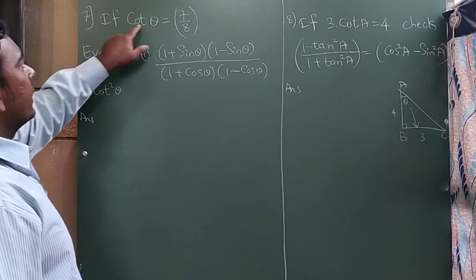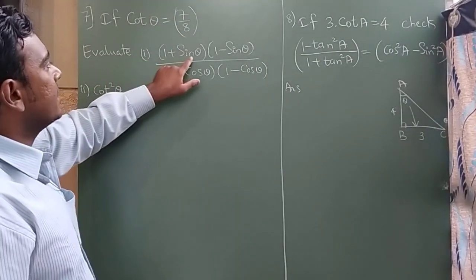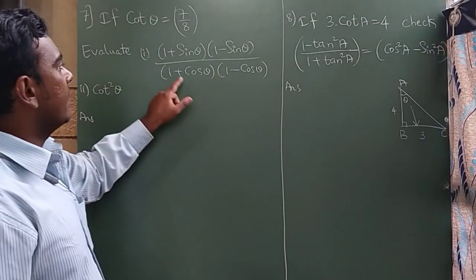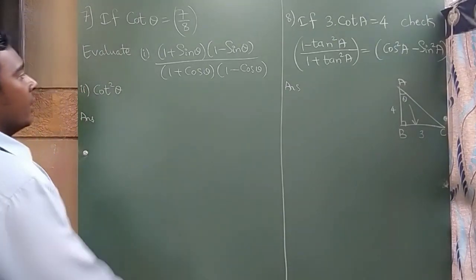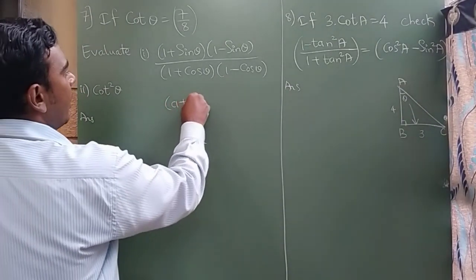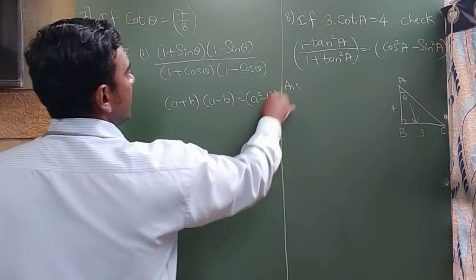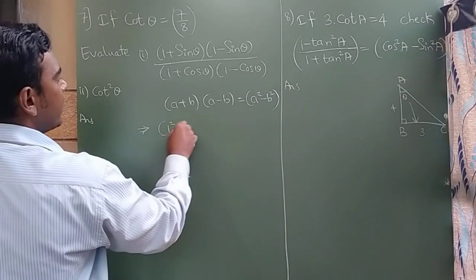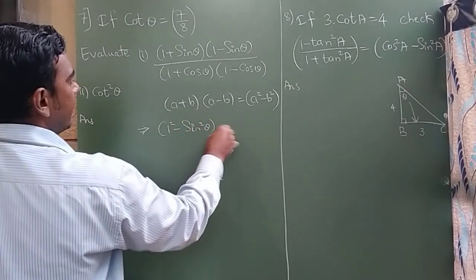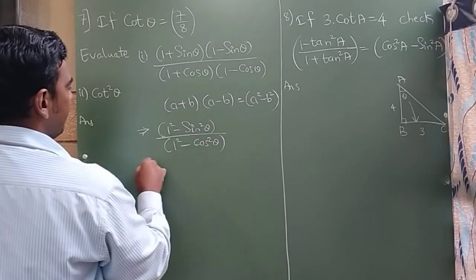Now the seventh question. Cot theta is equal to 7 upon 8. Evaluate (1 plus sin theta)(1 minus sin theta) divided by (1 plus cos theta)(1 minus cos theta). You have studied the formula (a plus b)(a minus b) is a square minus b square. So according to that, this will become 1 square minus sin square theta divided by 1 square minus cos square theta.